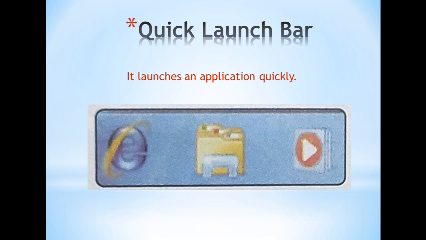It is a section of the Microsoft Windows taskbar that enables a user to launch programs without having to locate them using the start menu. So, the quick launch bar allows you to open a certain application by a single click on its icon.